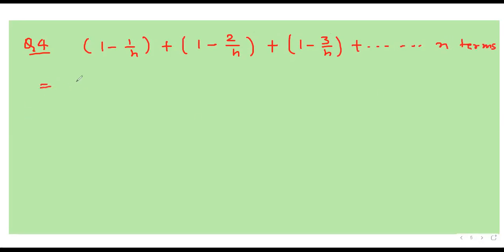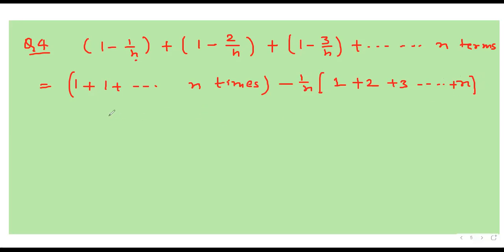So we write it as 1 plus 1 plus ... n times, plus. From here we can take common 1 by n, with a negative sign, it will be minus 1 upon n. Then this will leave 1, this will leave 2, this will leave 3 till n.